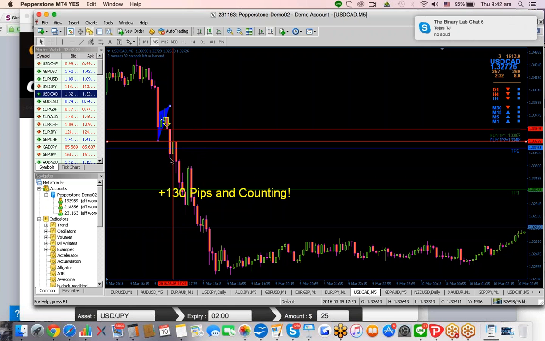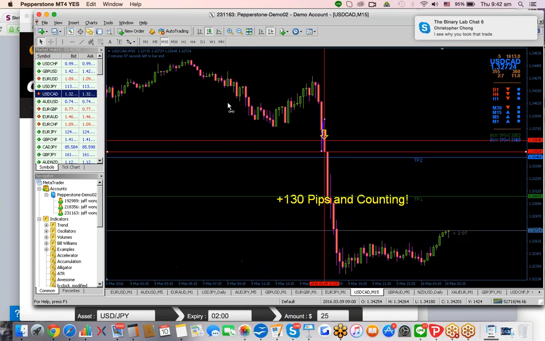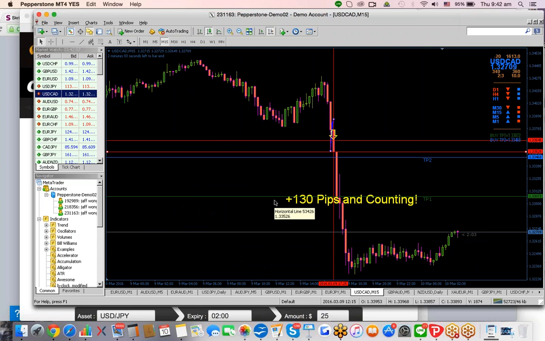But the real key to doing this, like I mentioned many times before, is that you want to give it ample time to do what it's supposed to do. For example, depending on the time frame that you're looking at, it is going to be going from one support to another support.